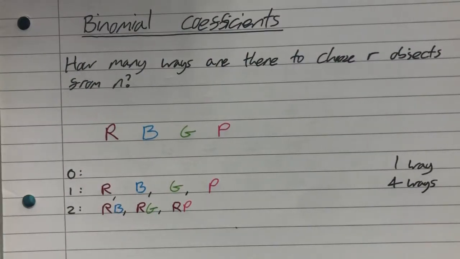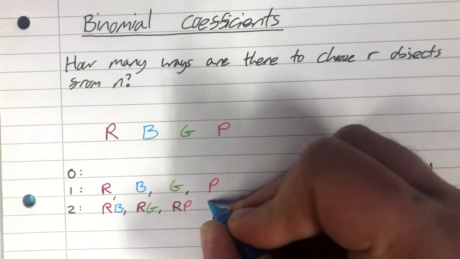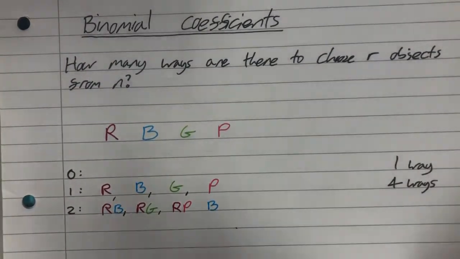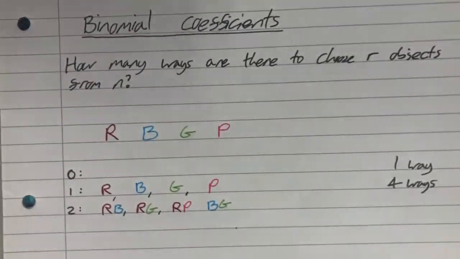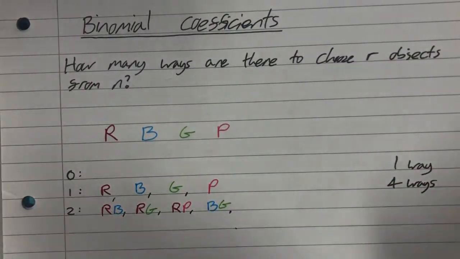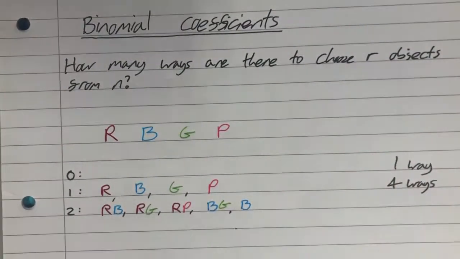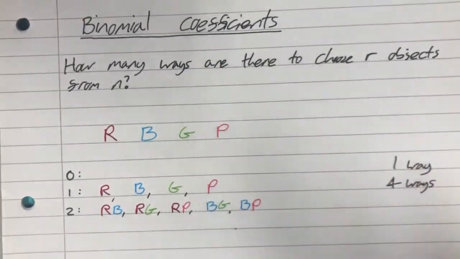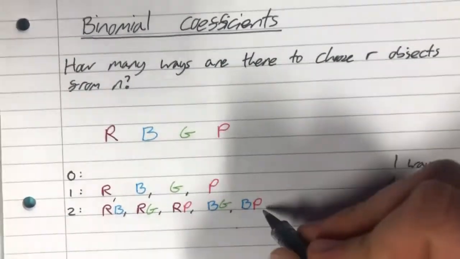Can't do anything else with red. Okay, well, I could select blue and green, I suppose. Or I could select blue and pink. And then the other pairing, which I haven't done yet, is green and pink.